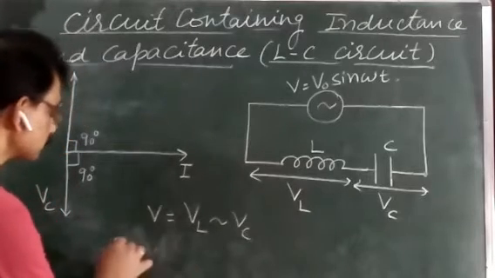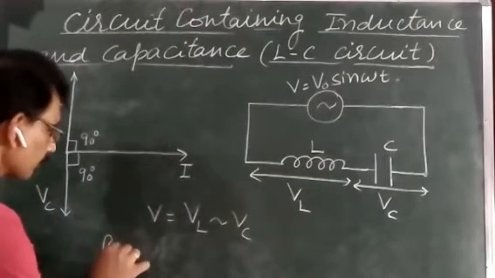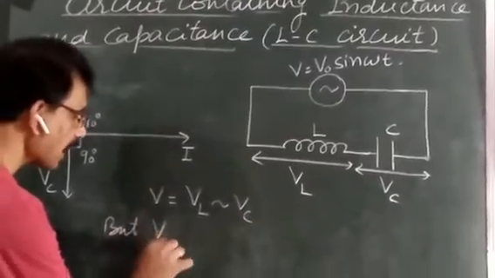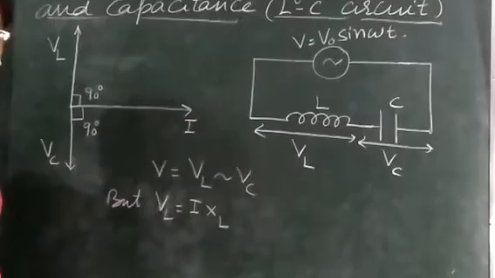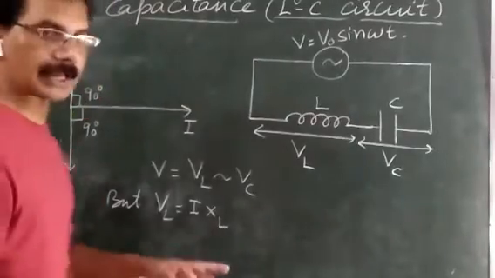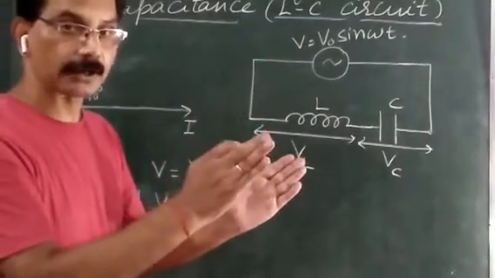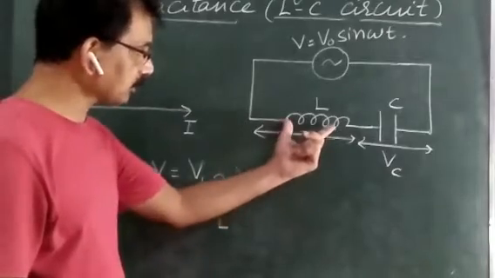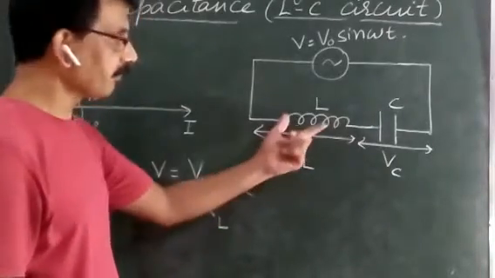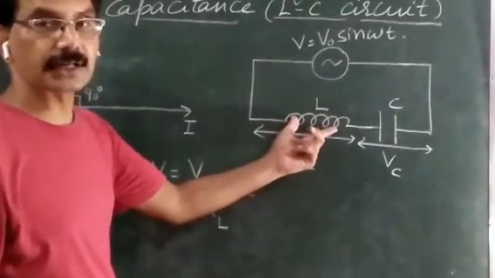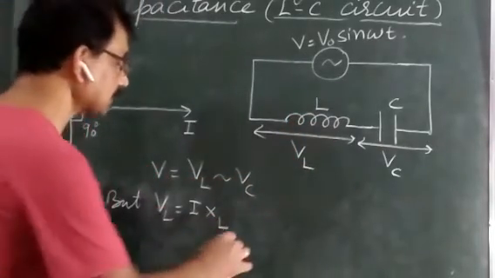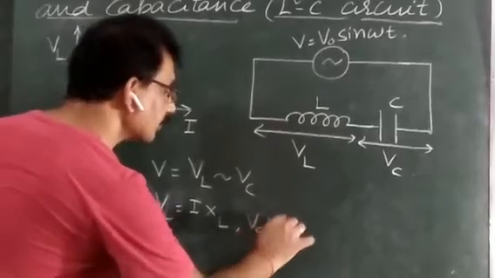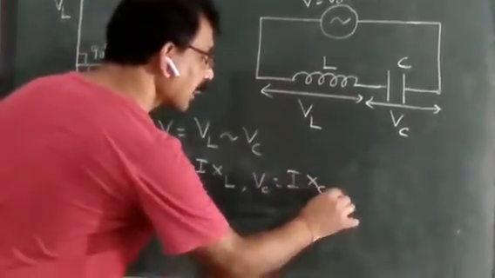And as you know, VL is equal to I into XL. I already told you in the previous video, like V is equal to I into R. So the potential difference across the inductor VL is equal to I into the factor which opposes the current in the inductor, the inductive reactance, denoted by XL, and VC is equal to I into XC.